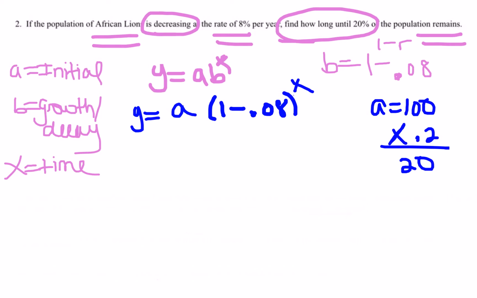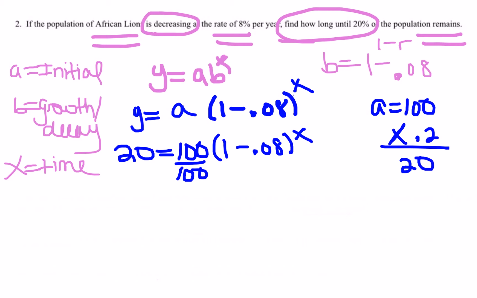So basically, if you want an A value of 100, that can pretend to be our initial population of African lions, you would set it equal to 20, because that's how much 20% would be left of. Now, here's the deal. Any initial value, even when you divide by 100, will get you back to 0.2. So all you really have to do here is set this whole entire thing equal to 0.2.